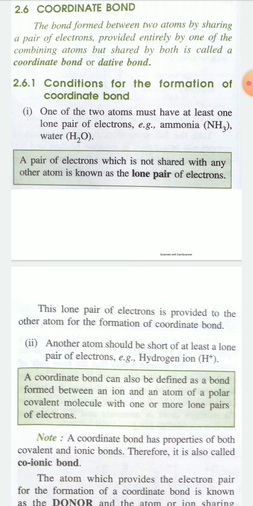Chemical bonds can also be formed by sharing a pair of electrons from one combining atom to another atom, and this bond is called a coordinate bond.